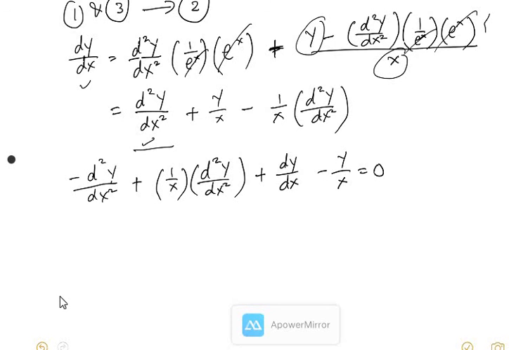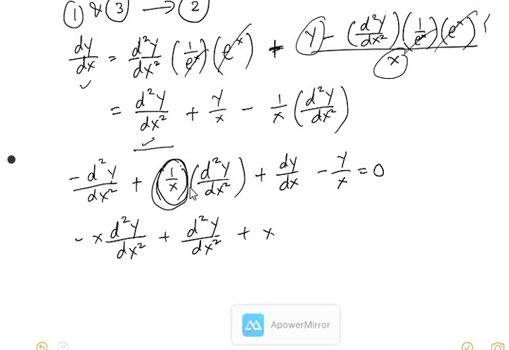And then since this one is divided by x, I multiply with x, so you have negative x d square y, then plus with d square y over dx square. And then plus with x dy over dx minus with y equal to 0. So this is the second order of the differential equation.